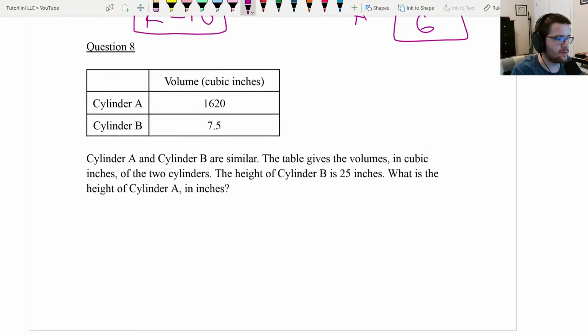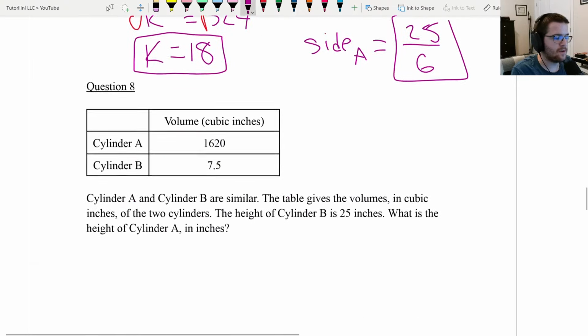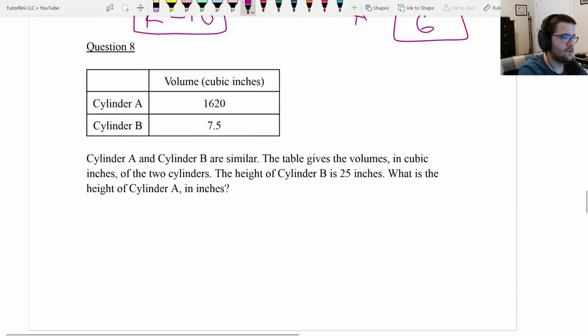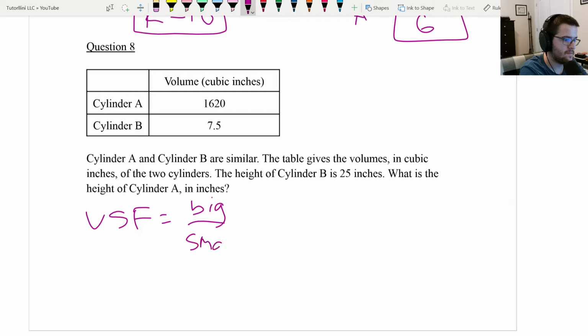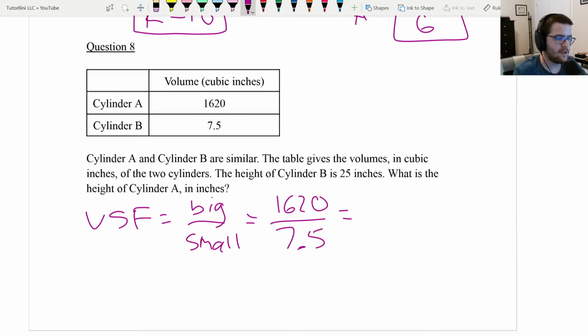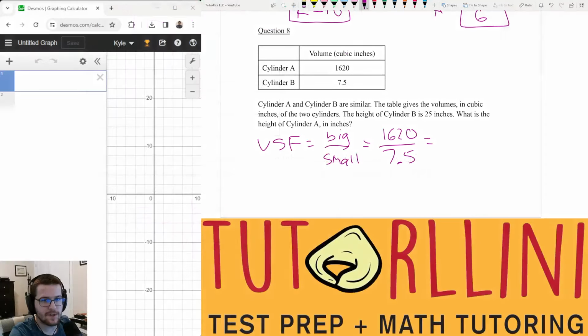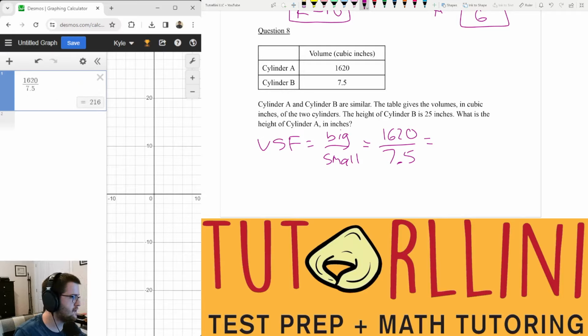All right, this one wants us to compute a volume scale factor. So we're going to do volume scale factor equals big over small. So in this case, it's 1620 over 7.5. I have no idea what that is. Let's see what we get. 1620 over 7.5.